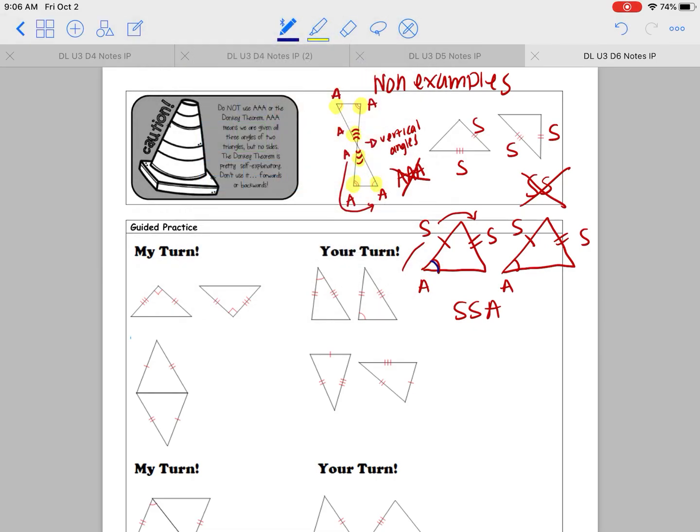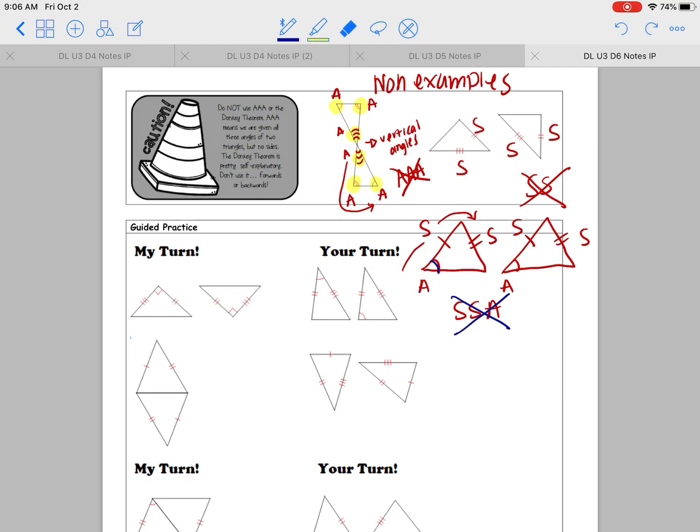If that angle, instead of being here, had been here, in between the two given sides, then that would be side angle side, which is one of the shortcuts, right? But right now this is SSA or ASS, which is not a good word, right? And so we know that is not enough information. That does not work. Super important.